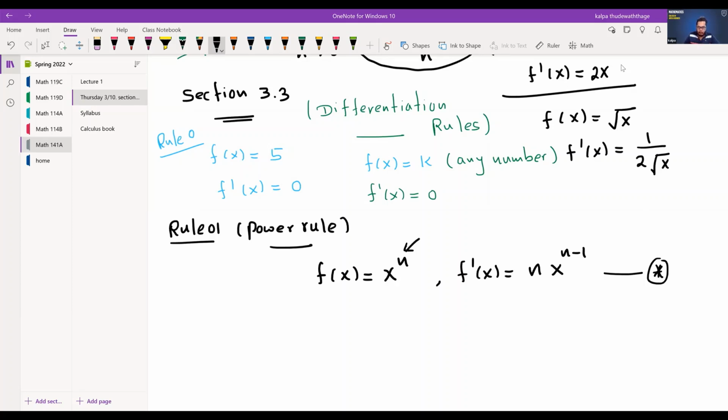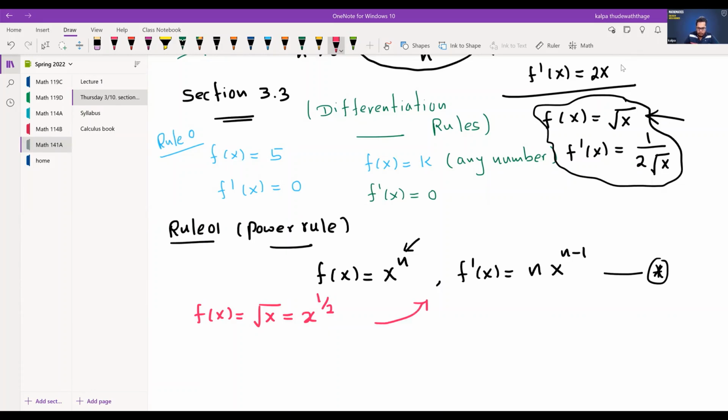For example, you did this one with a long calculation, but now if I ask you the derivative of the square root of x, which means x to the power half, you can apply this rule. You take the half, which is the power, down, and x, and you subtract 1 from half.